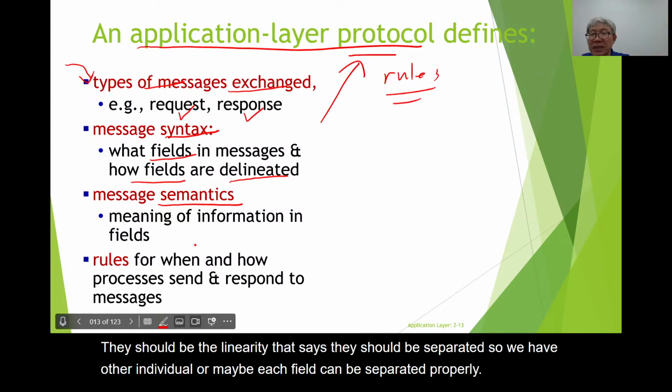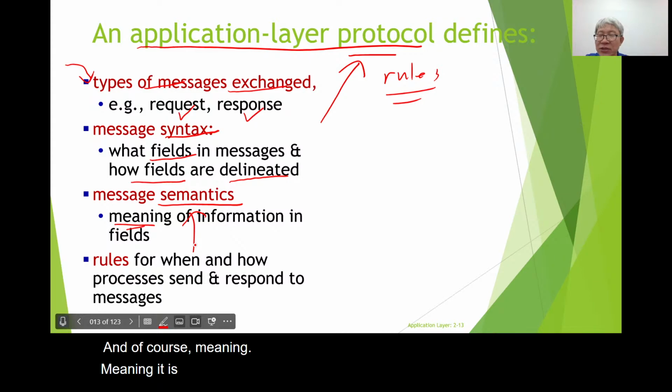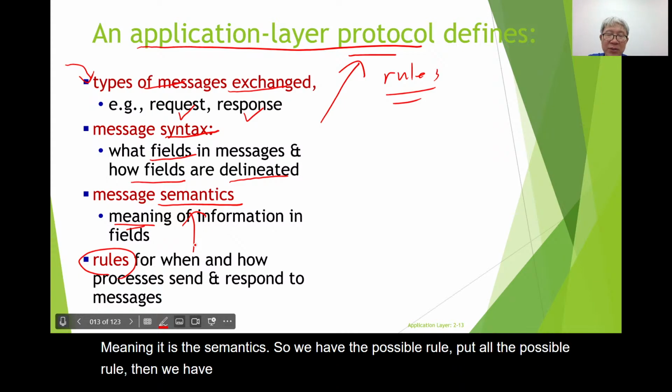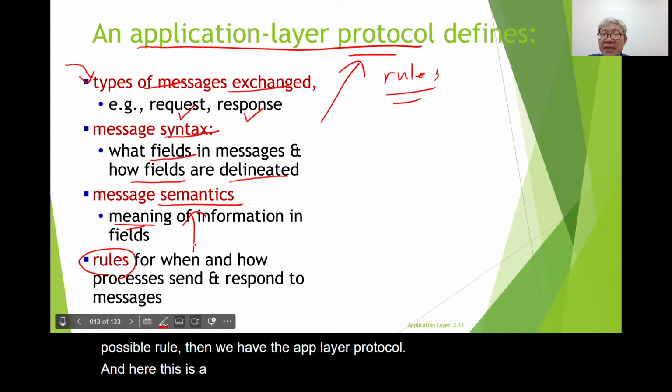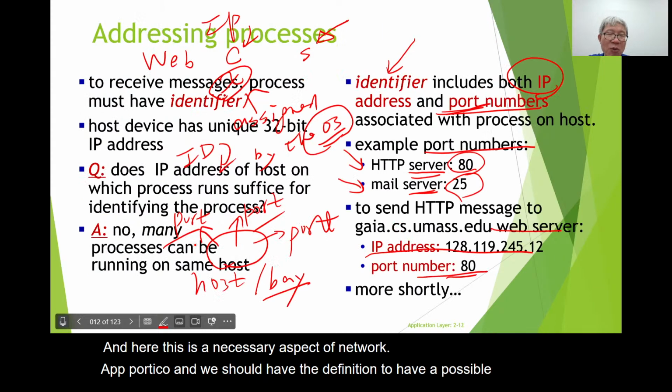Of course, the meaning is the semantics. Put all the possible rules together, then we have the app layer protocol. Here are the necessary aspects of a network app protocol, and we should have the definition of possible rules for the network app.